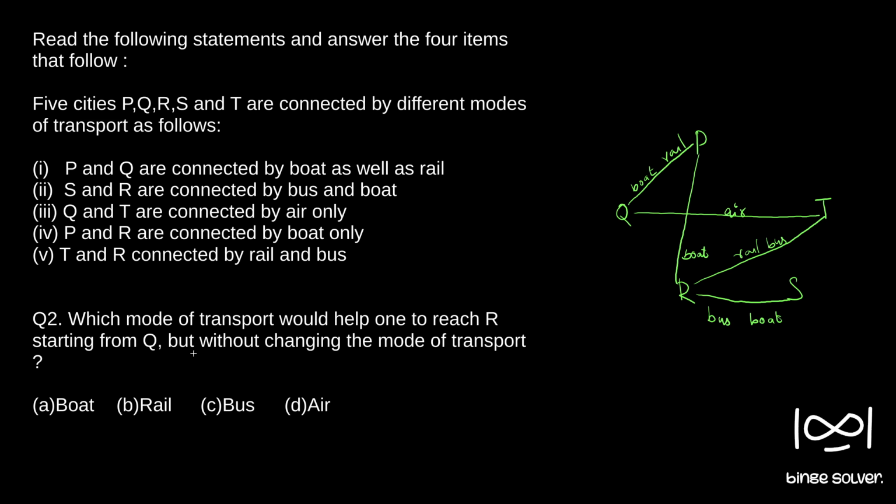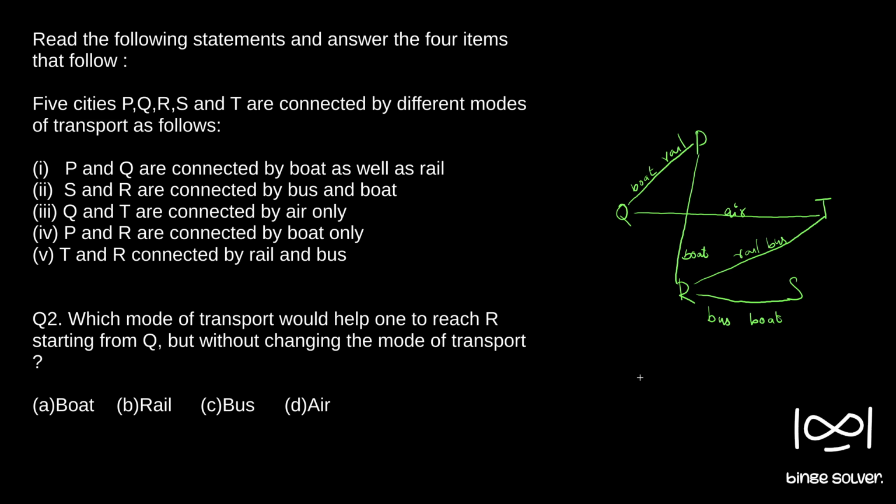Question 2. Which mode of transport would help one to reach R starting from Q but without changing the mode of transport? So we have to start from Q. If you go from Q, you can go to P or T. Since if you go to T, then you will have to use the air method, and there is no air anywhere else. So this is not the right path.